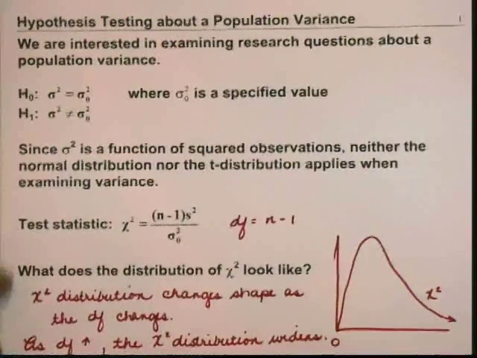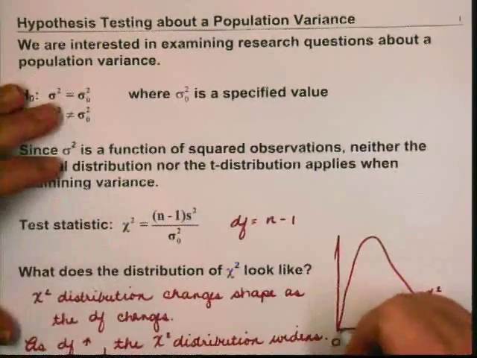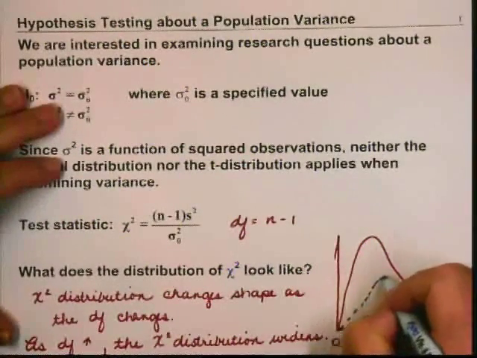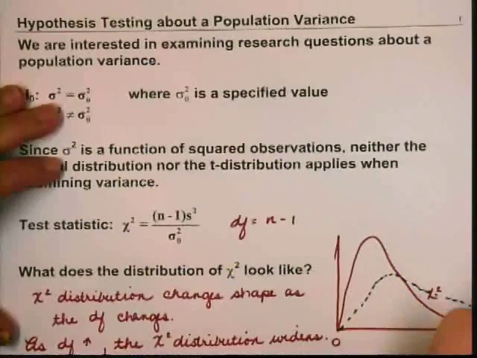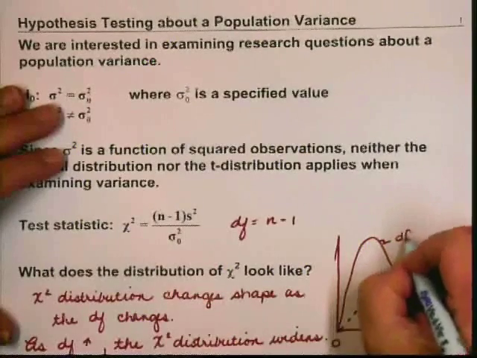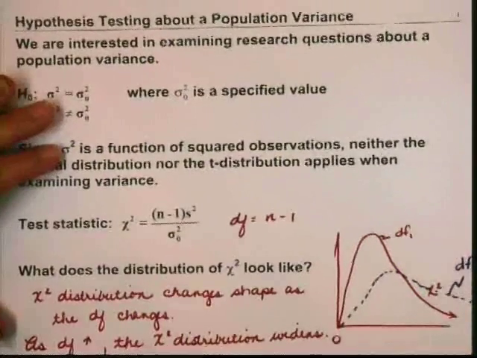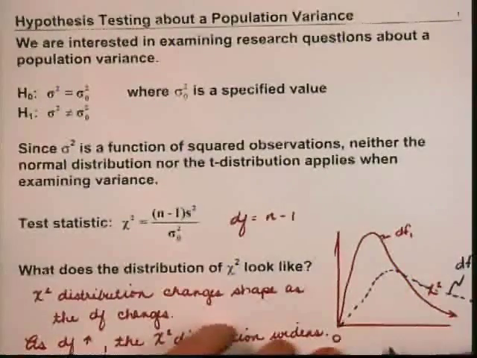To demonstrate that, we have the solid line drawn in here. If I draw in another chi-square distribution, some kind of an asymmetric curve, the solid line in red is our first degrees of freedom measure. The dashed line in purple is degrees of freedom 2. And degrees of freedom 1 is less than degrees of freedom 2.